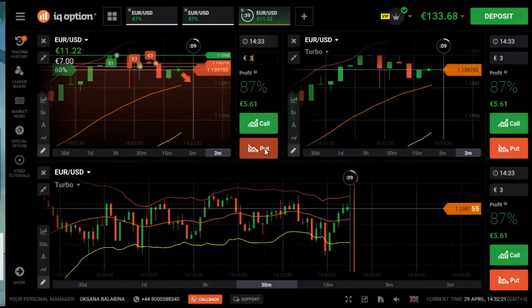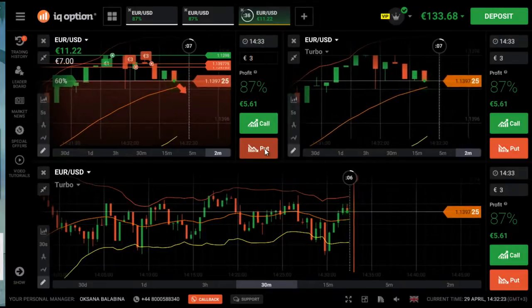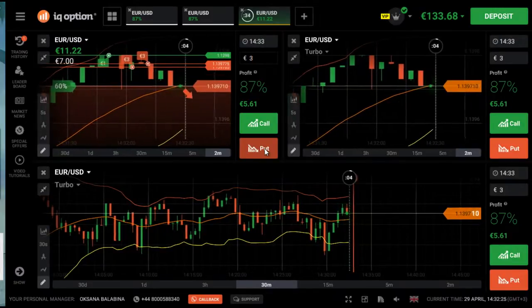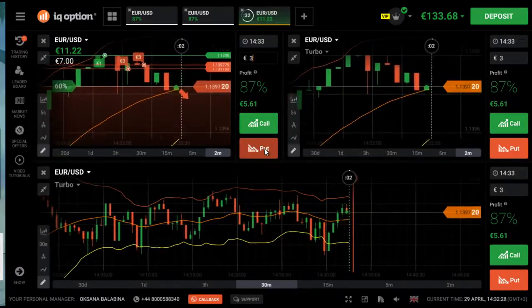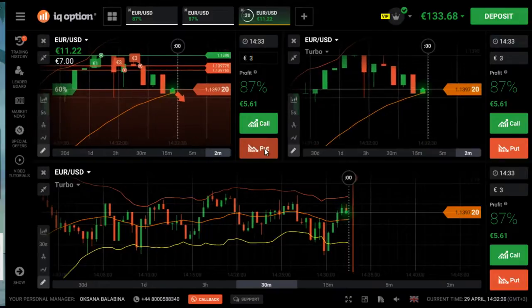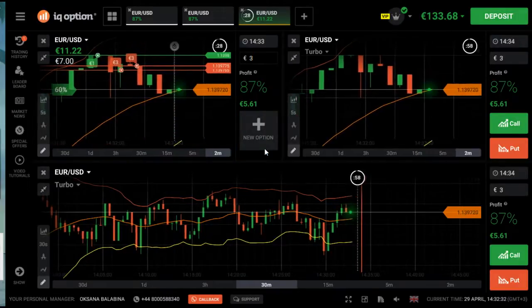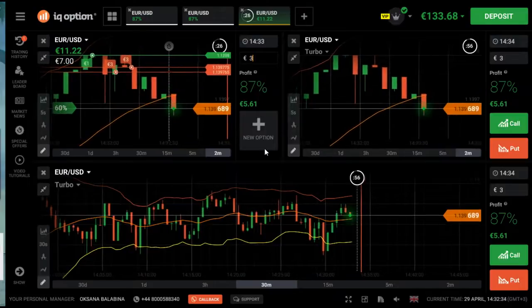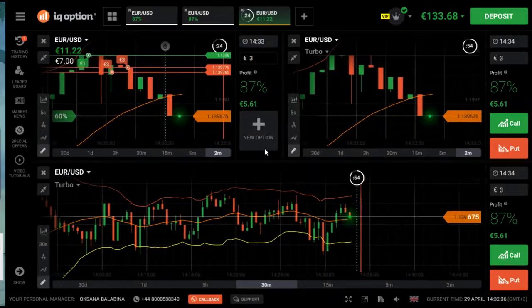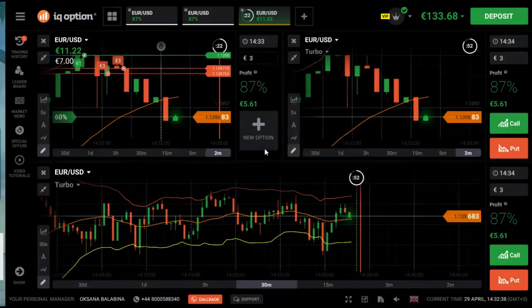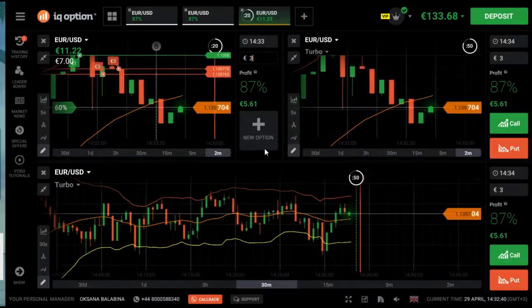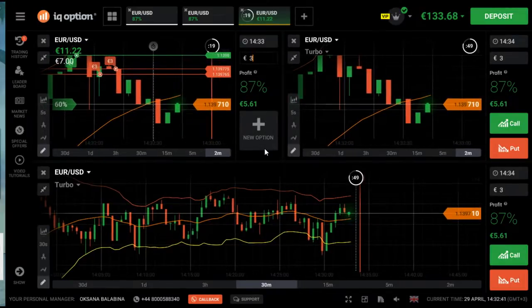If I'm not completely sure which way it's going to grow, I just place 1 euro in the opposite direction, I mean the original direction. But as you can see, a nice reversal has already taken place.